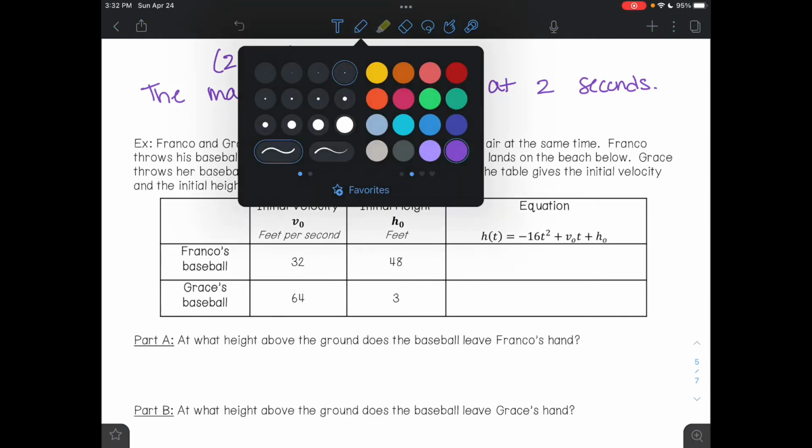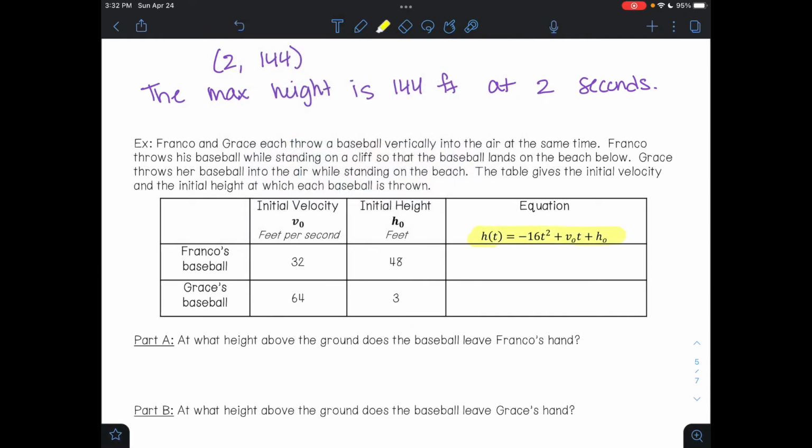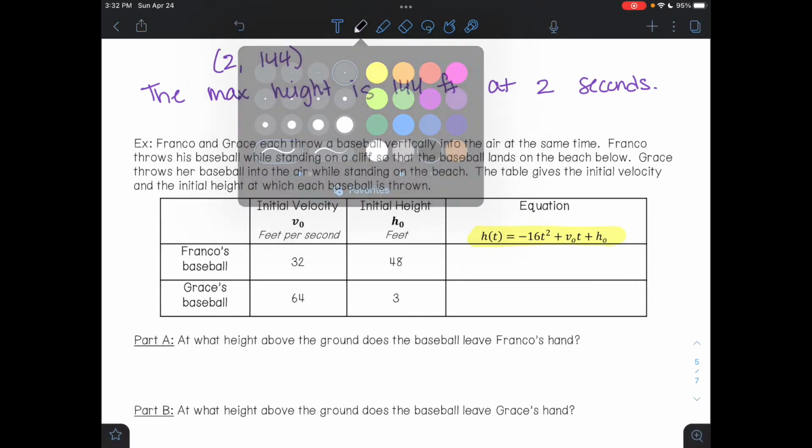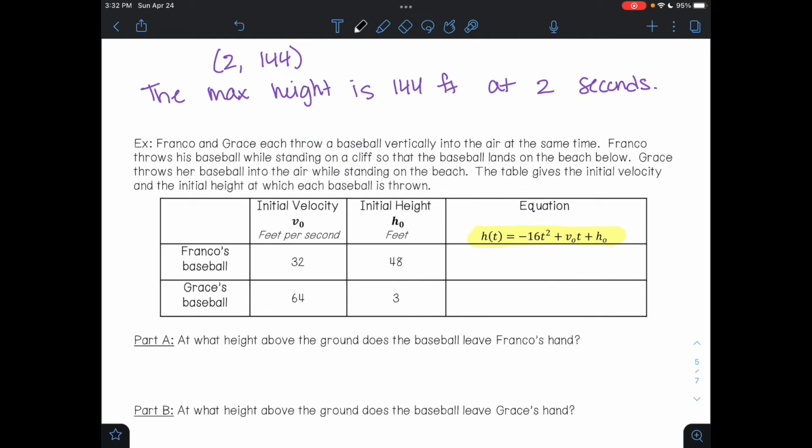So here is our equation that we're going to be plugging into. They tell us that Franco's initial velocity, v naught, is 32. So I'm just going to replace v naught right here with 32. So I'll have h of t equals negative 16t squared plus 32t, and his initial height, h naught, is 48.